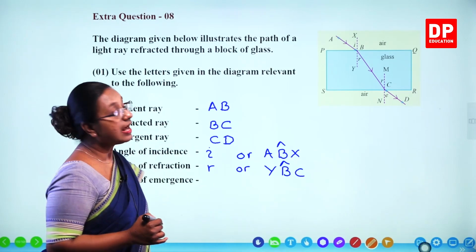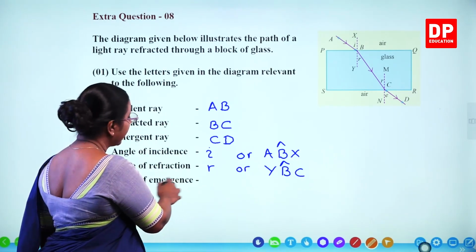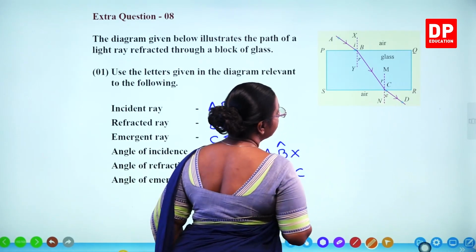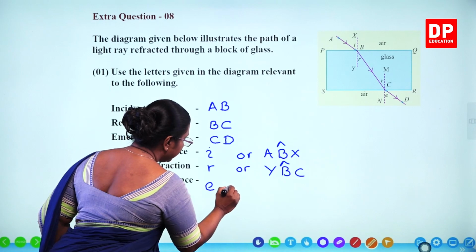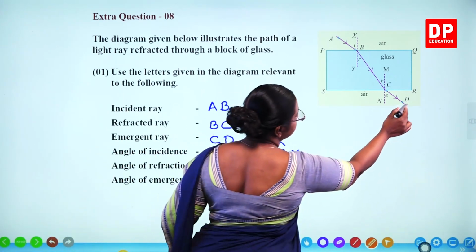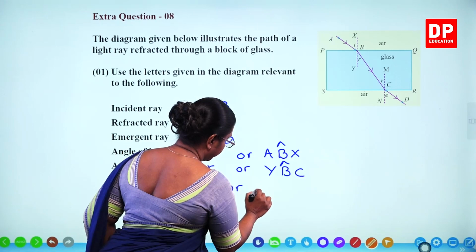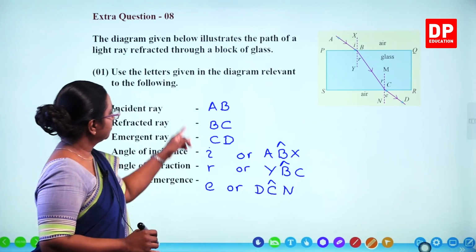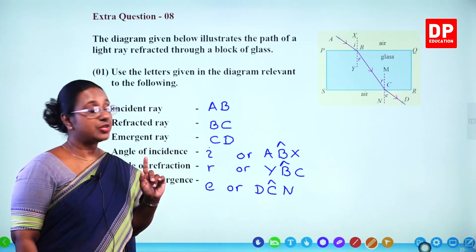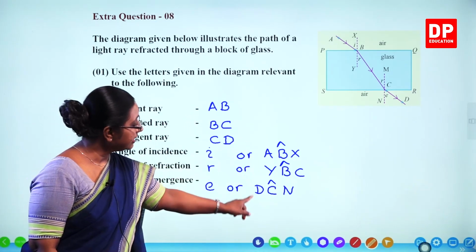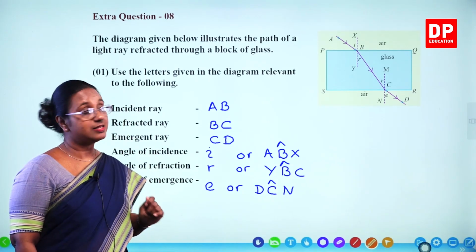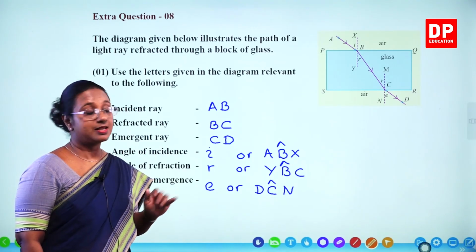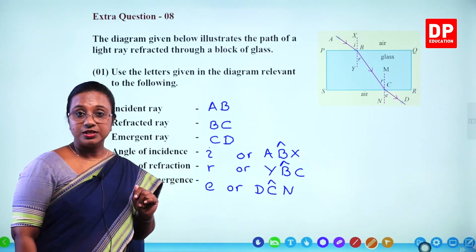That is the angle of refraction. Then angle of emergence. This is between the normal and the emergent ray. That is E, or we can write it as DCN. So AB, BC, CD, those are the different rays. And these three are the different angles. So you have identified all the rays and the angles. With that, I will move on to the next question.